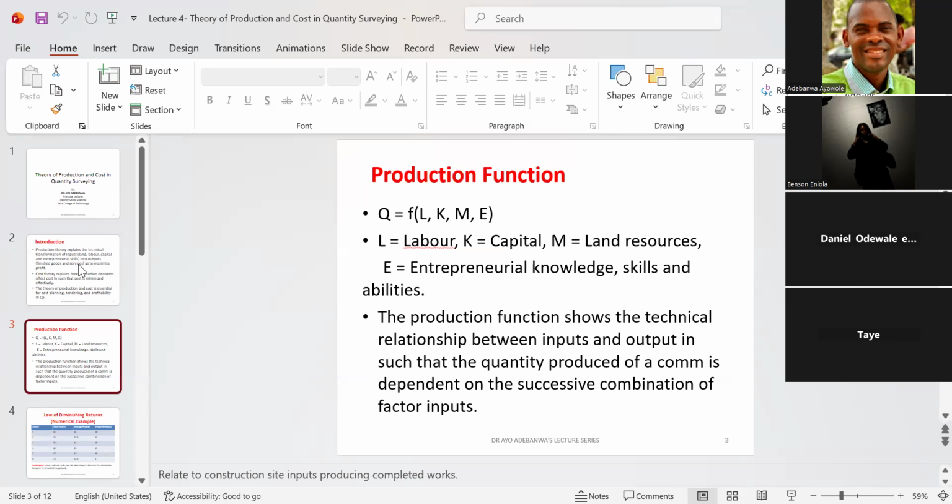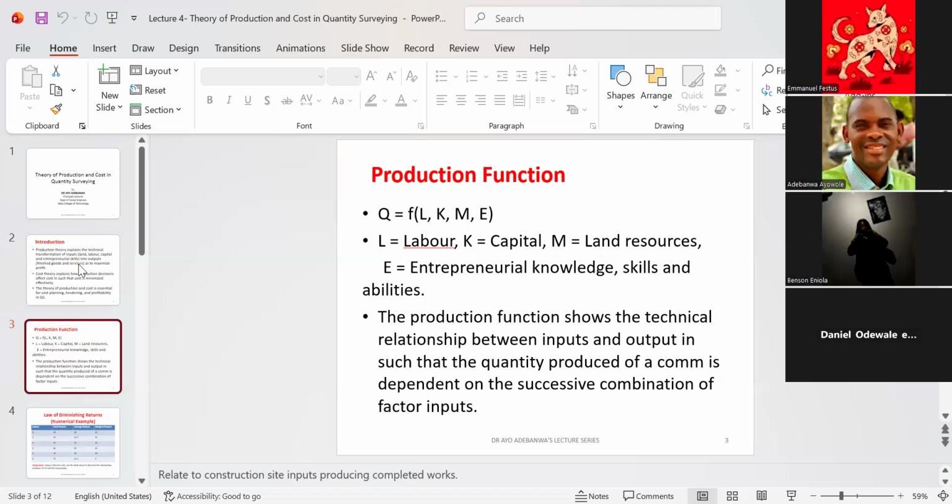So the successive combination of the labor, the capital, the entrepreneurial skills, or the land is what will give birth to the quantity produced. In other words, the number of workers, which you call labor, will determine the quantity to produce. The amount of capital employed will determine the quantity produced, and so on.